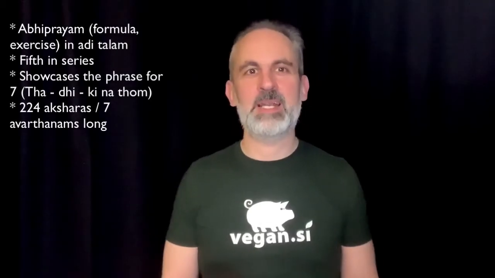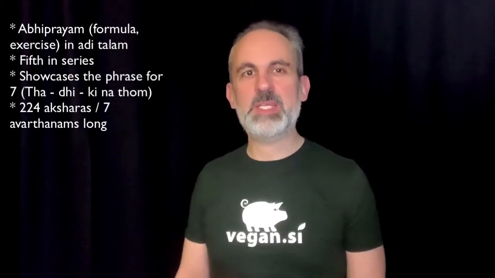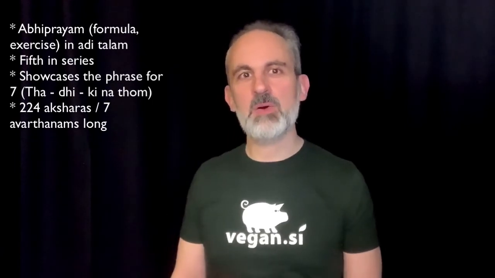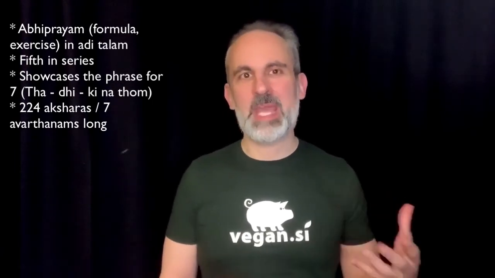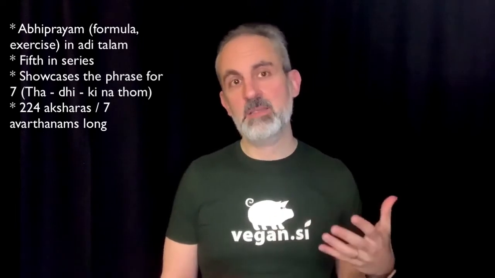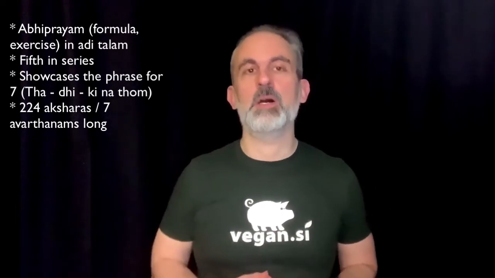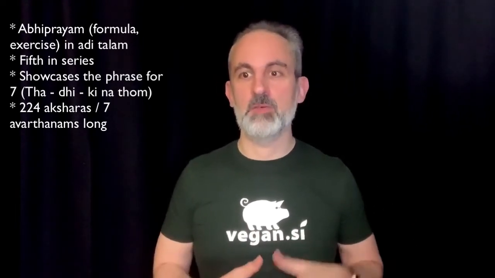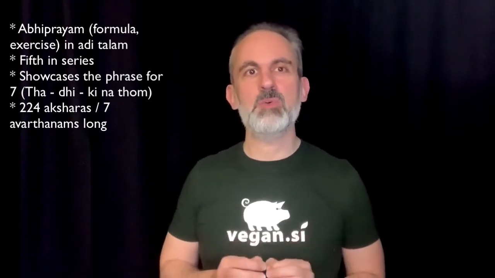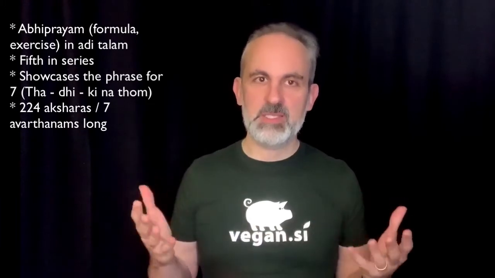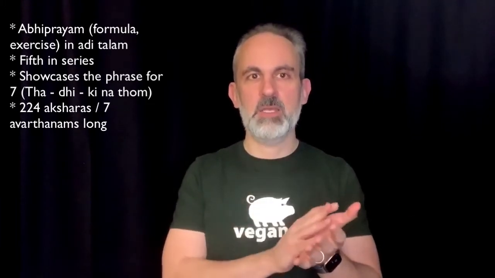That was, of course, another Abhiprayam in the series that we started a few episodes ago, that each showcases a different phrase length. Today is the fifth of these episodes, and this particular one showcases the phrase 4/7, which in this case is Tha-dhi, kinathom.